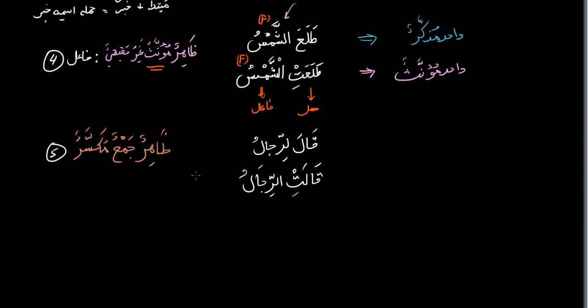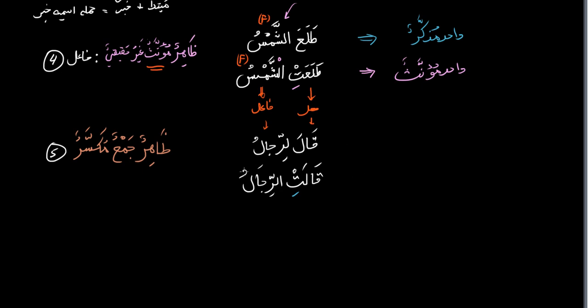Okay, so now let's see what's happening here. Zahir jam'u mukassar, this is jam'u mukassar, right? Rajulun, rijalun, jam'u mukassar. Okay, and it's zahir, and it is fa'il, right? Why is it fa'il? Because this is fi'l and this is fa'il, just like in the other case. So this is jumla fi'liya.